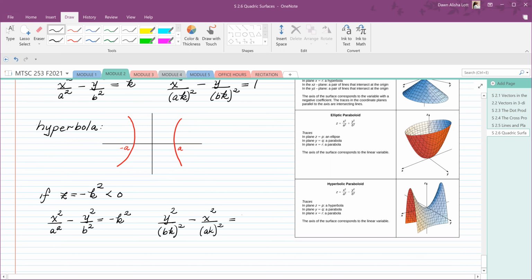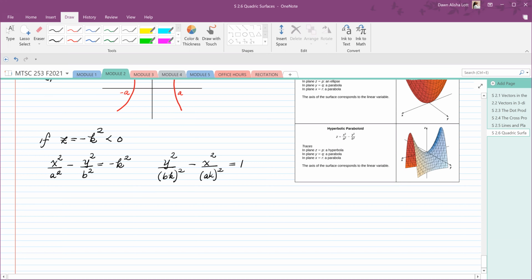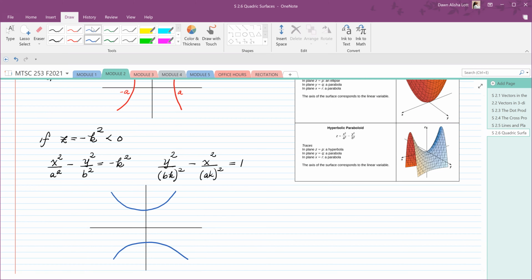And so now we're going to get hyperbolas in the y direction.